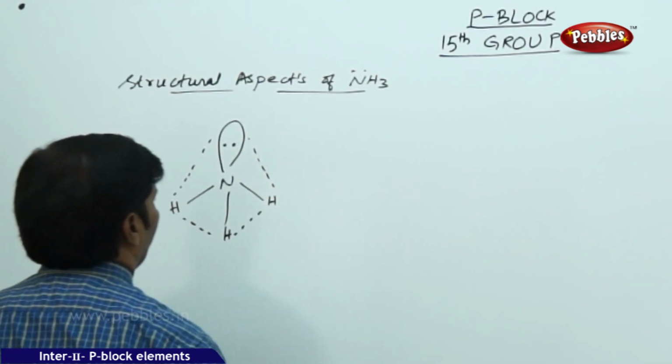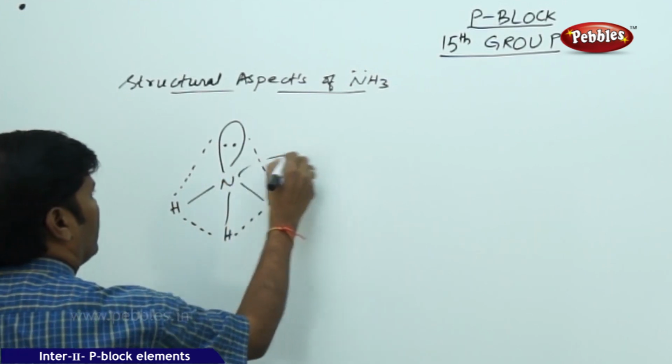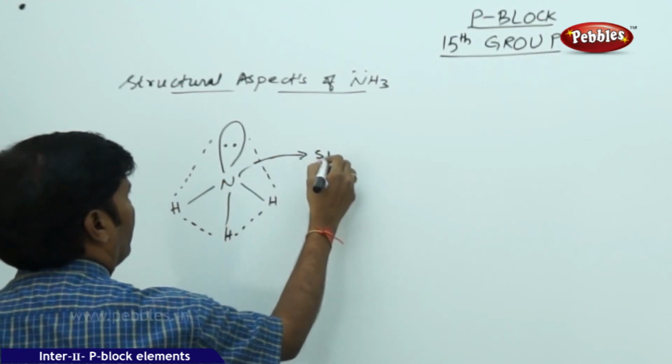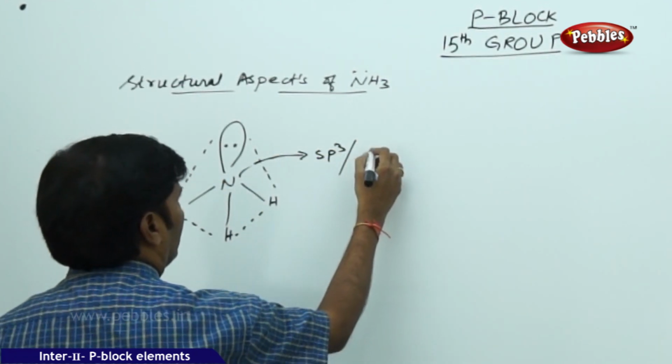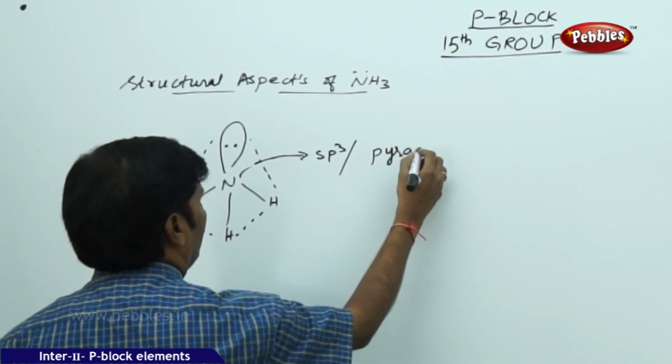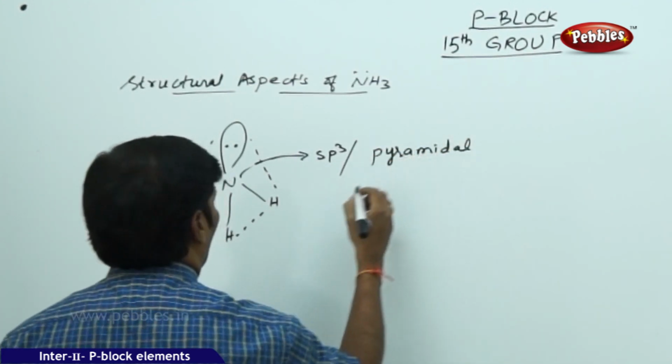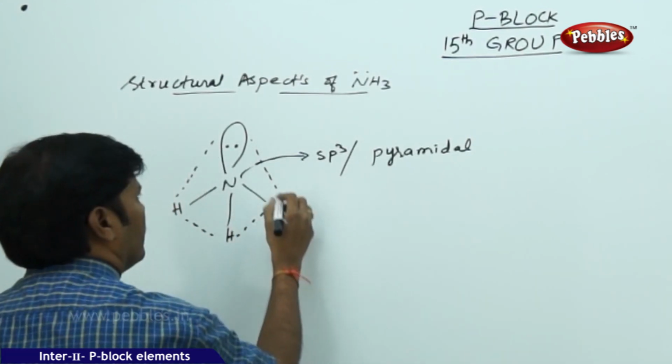Here nitrogen undergoes sp3 hybridization, but its geometry or shape is pyramidal. Its bond angle is 107 degrees.